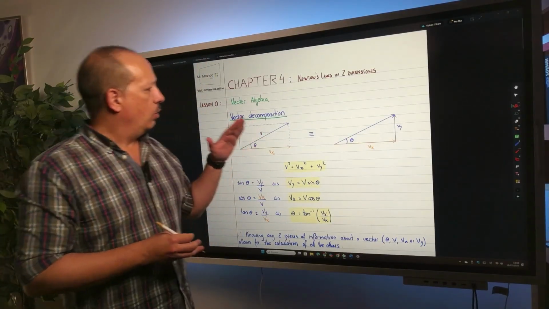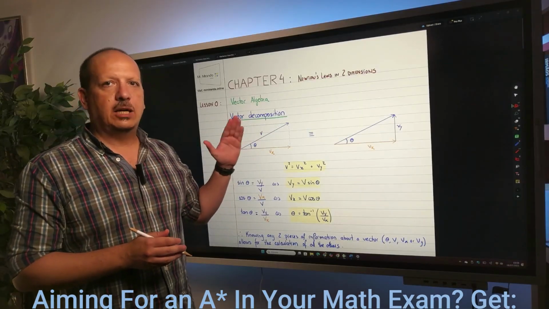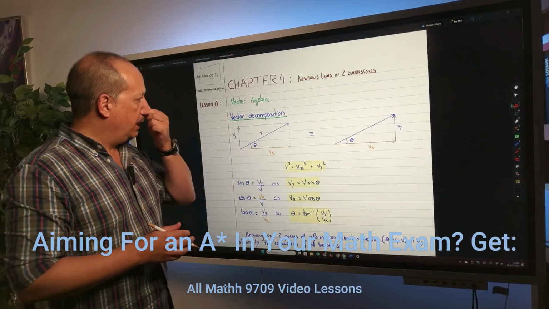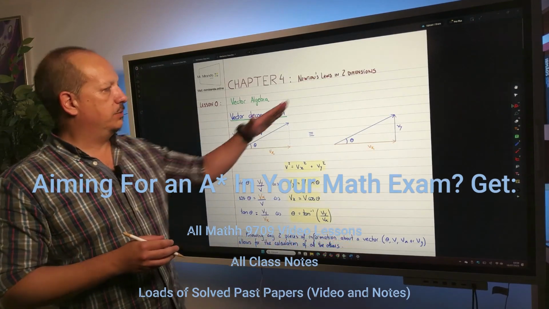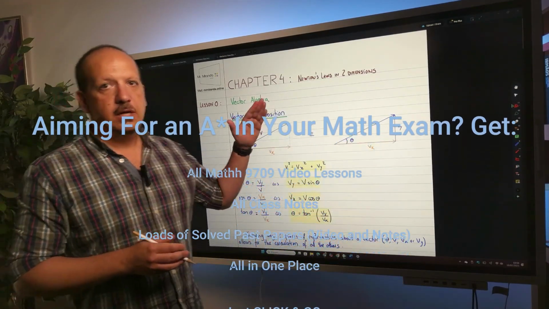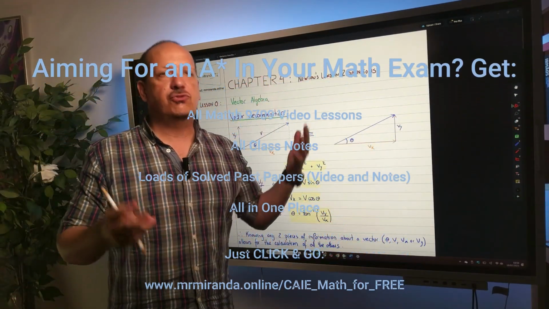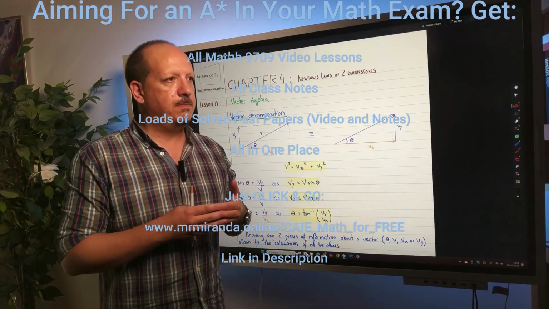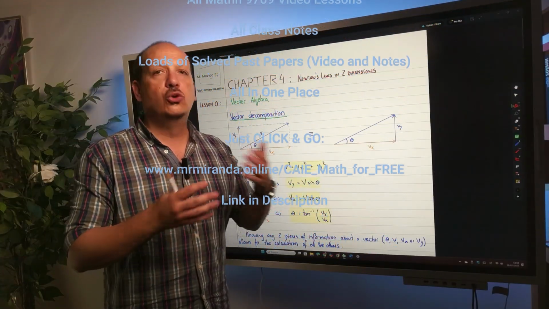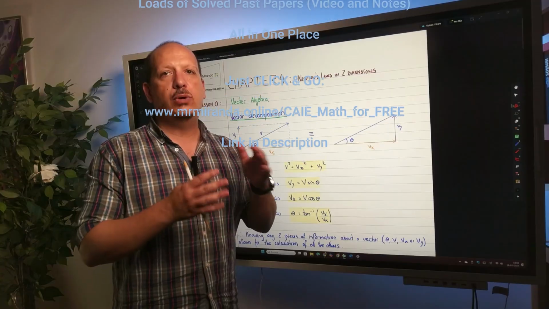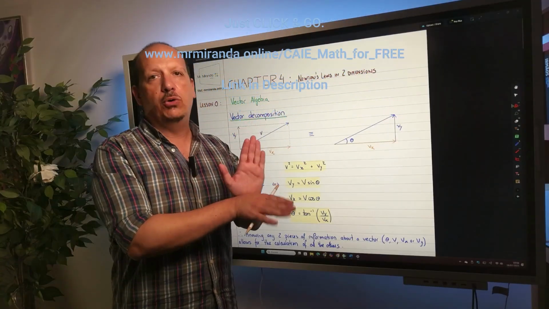Okay, what do I mean by decomposition of vectors? If you have a vector that has a random direction such as this one, it's always an important tool if you know how to break it down into its components.